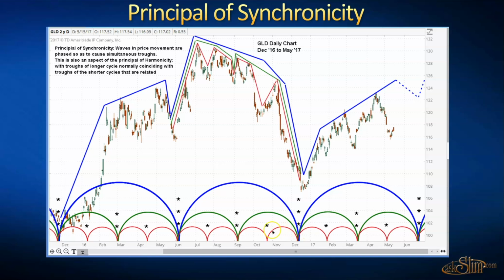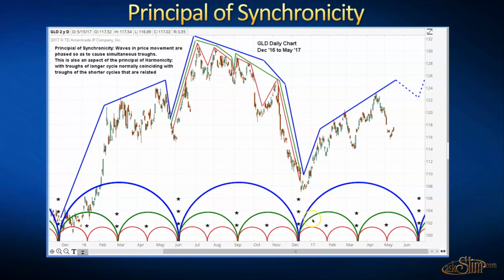And that's why we talk about when the energies are positive, you will get all of these moving up together right there. When the energies are negative, you will get all 3 moving down together. And in this case, it was very clear once it broke this level here that all 3 of them were moving down together, and then you get into this selling or capitulation stage where the simultaneous troughs are created or dominated really by the longer cycle, the longer term cycle in there.